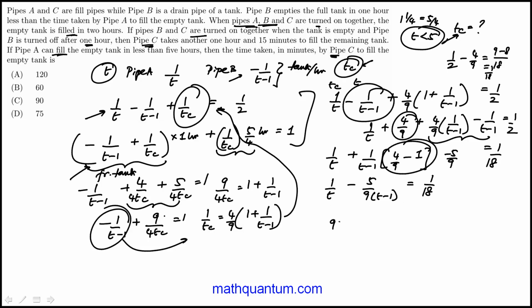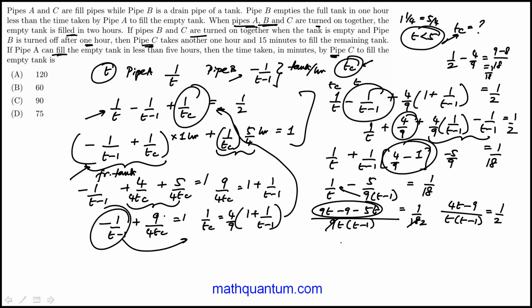So then common denominator, 9t minus 9 minus 5t, 1/18. And then that becomes 4t minus 9, and you'll see this drops out. So just be careful when you're doing all this in one go. Then I will cross multiply: t squared minus t.